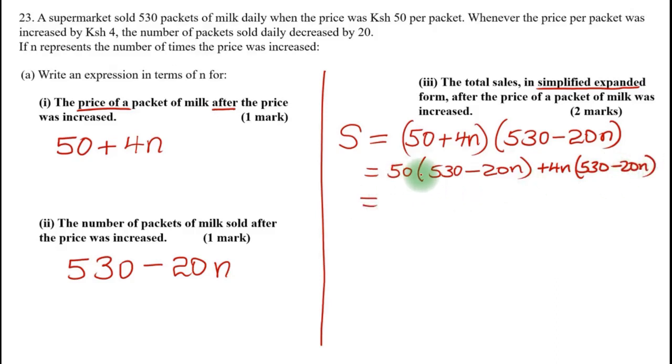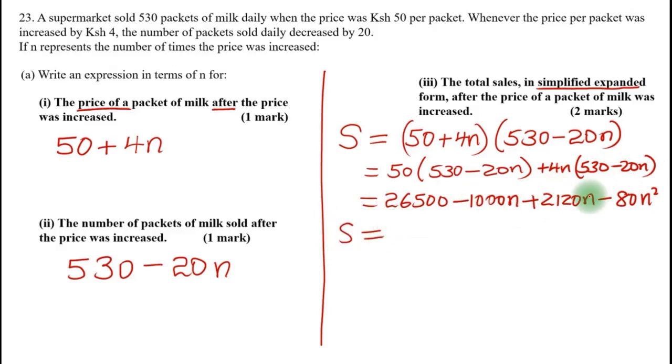If we multiply 50 times 530, we get 26,500. Again, 50 times 20n will be minus 1,000n, and then 4n times 530 will be plus 2,120n, and finally 4n times minus 20n will be minus 80n squared. So we need to simplify it.